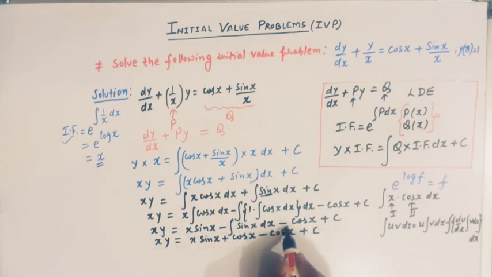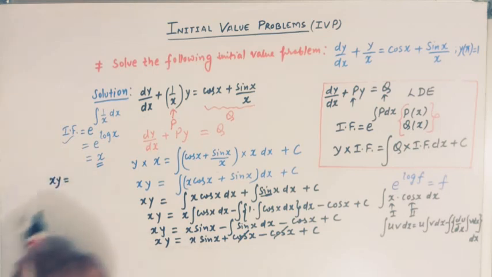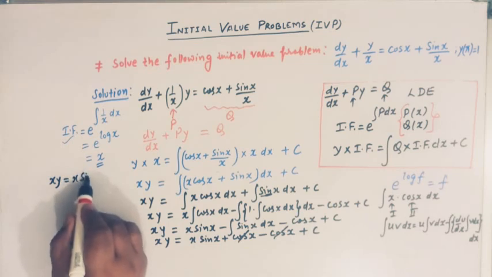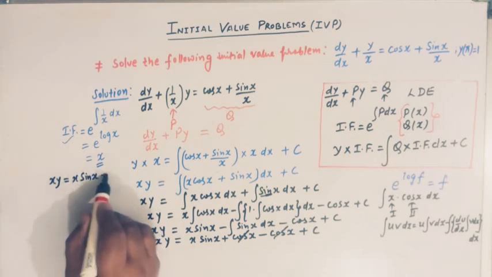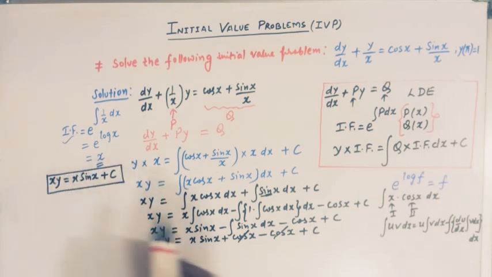And cos x gets cancelled, so we have xy is equal to x sin x plus c. So this is the general solution of this differential equation.